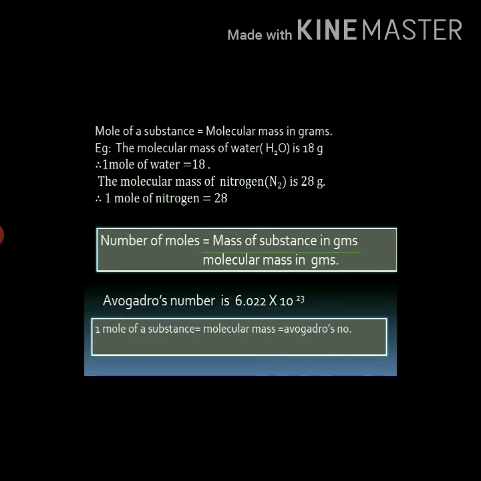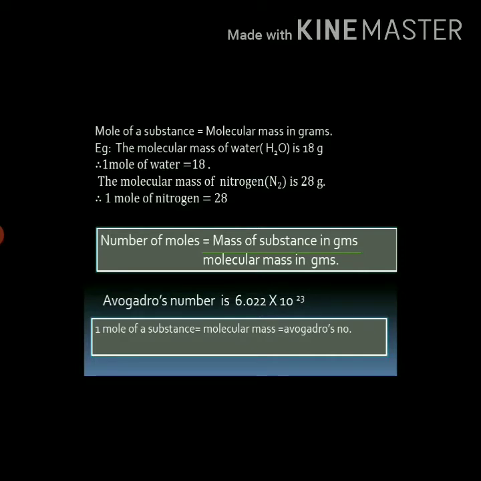If I say I have 1 dozen chalk, which means I have 12 chalks. So when the term dozen comes, whatever the item is, the quantity is 12. Same way, for Avogadro's number, the quantity is 6.022 into 10 raised to 23 for any substance. So 1 mole of a substance is equal to the molecular mass is equal to Avogadro's number.